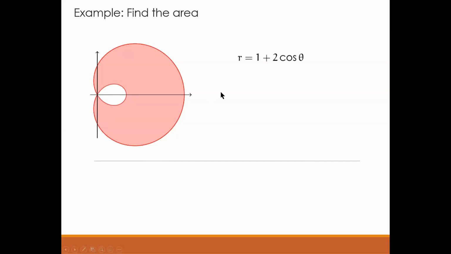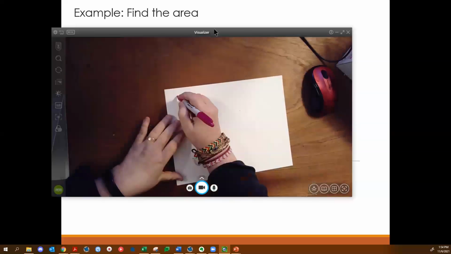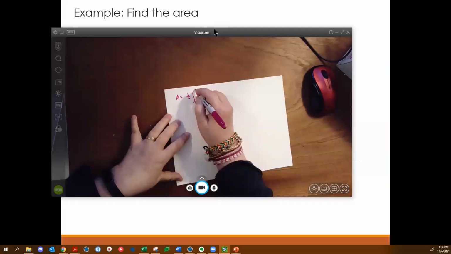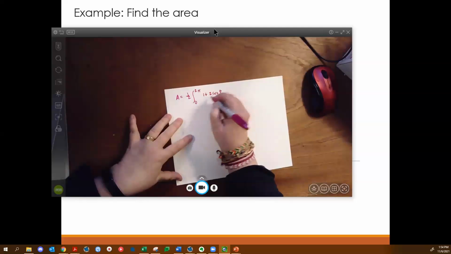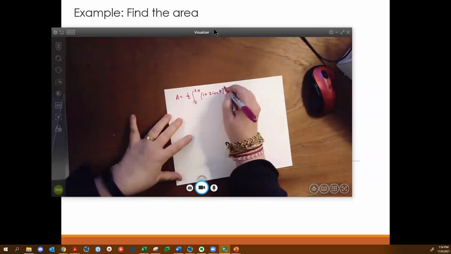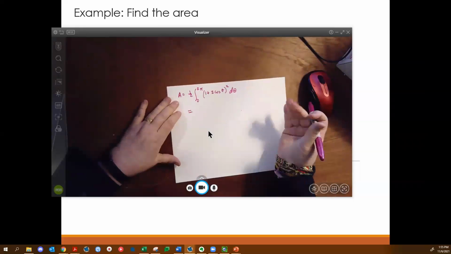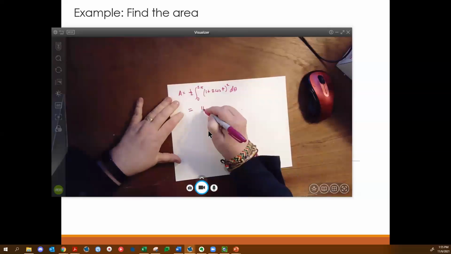So all I have to do is integrate from 0 to 2 pi of the entire expression. So we know how to integrate this. I'm just going to cut to the chase. The integral of this becomes pi.